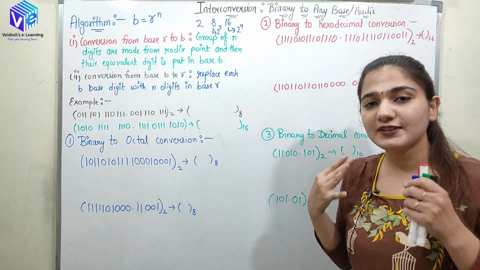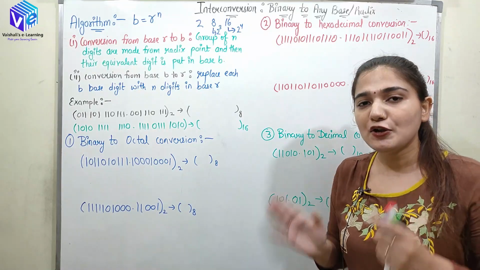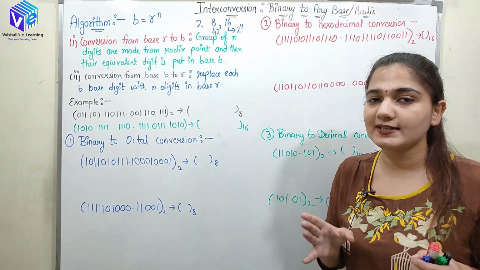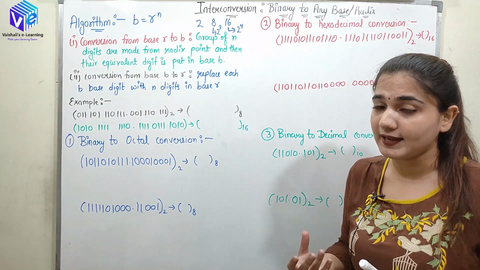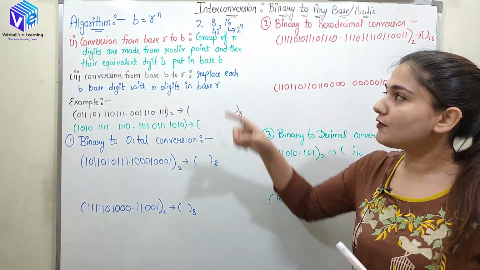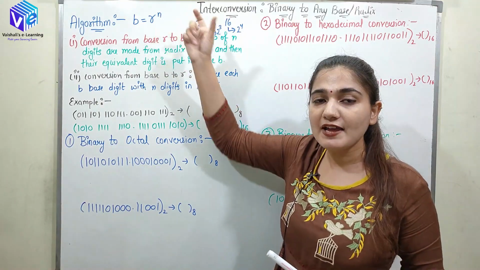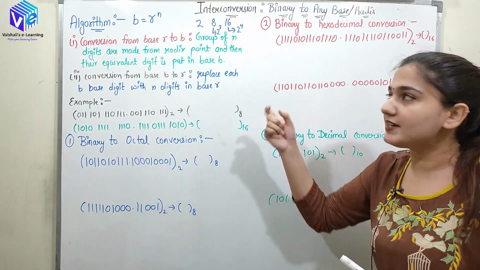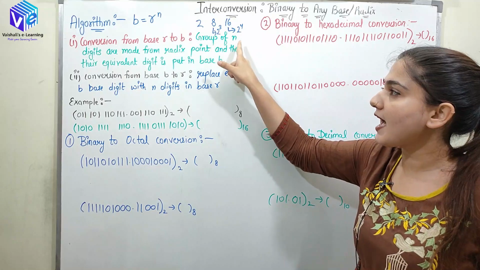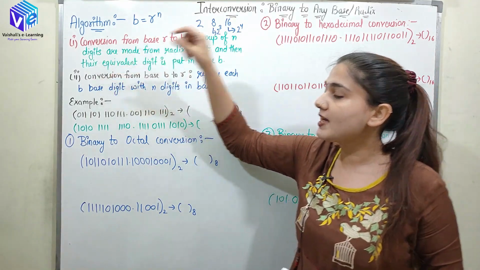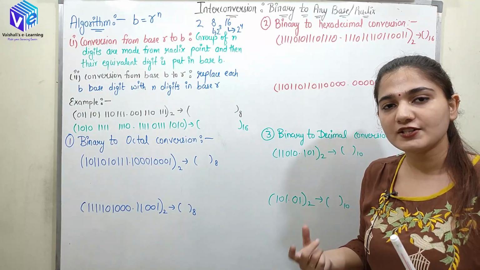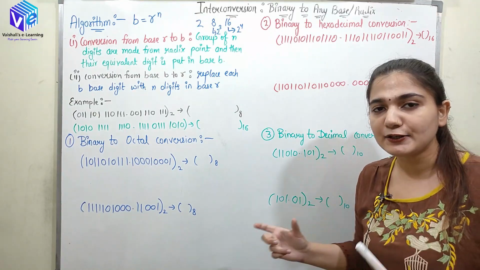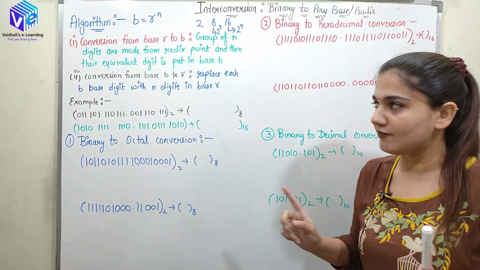With the help of this algorithm, not just octal and hexadecimal, you can do the conversion for base 32 as well. For base 32 we have 2 raised to power 5 and we group 5 digits. For octal we make groups of 3 digits, and for hexadecimal groups of 4 digits.